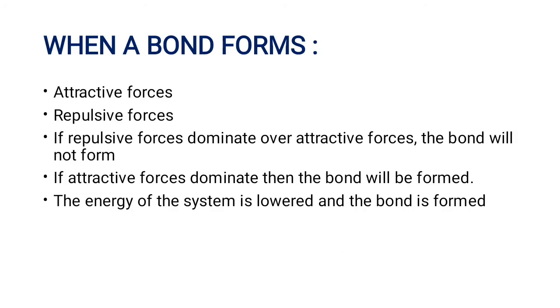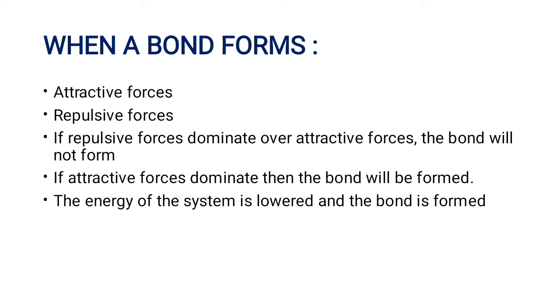So now we have to see deeper at the atomic level that whenever a bond is forming, there must be some forces acting. First, the attractive forces. The attractive forces are operating when the electrons of one atom are attracted by the nucleus of the other atom.